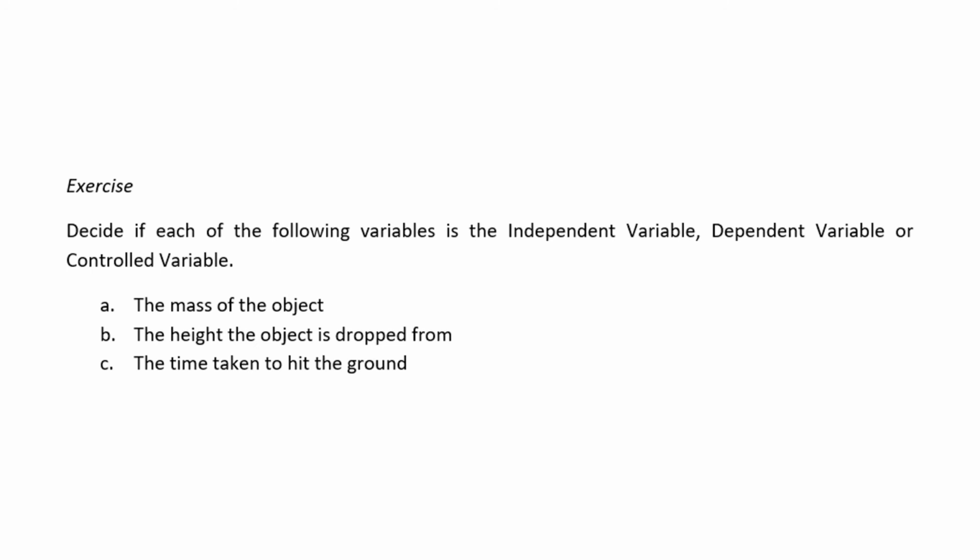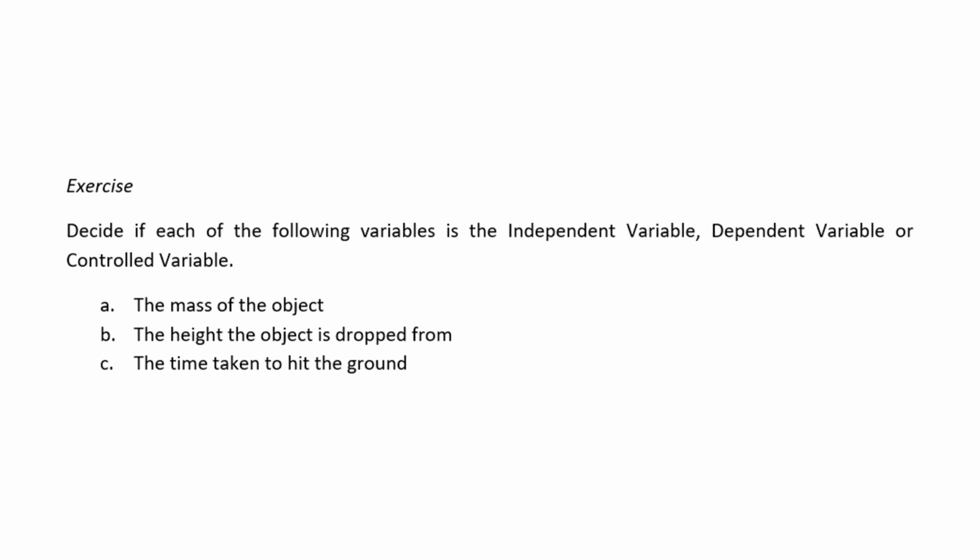Okay, so an independent variable is something that the person doing the experiment chooses to change. What did I choose to change? Well, I was choosing to change the mass of the object. I could have chosen 4 pens. I could have chosen 4 pieces of paper.